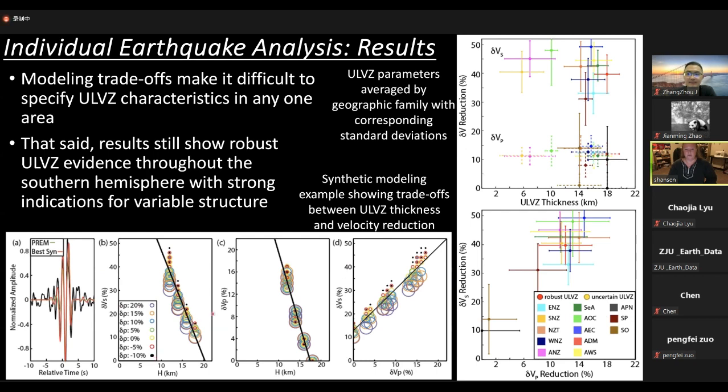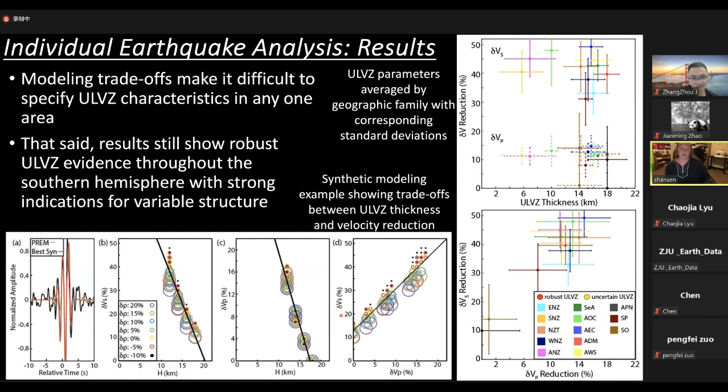But you'll notice these very obvious linear trends. And this is not uncommon with 1D modeling. It's very possible to get a thicker but less anomalous ULVZ fitting your data equally well as a thinner, more anomalous ULVZ. And by anomalous, I mean a bigger or a smaller velocity reduction.